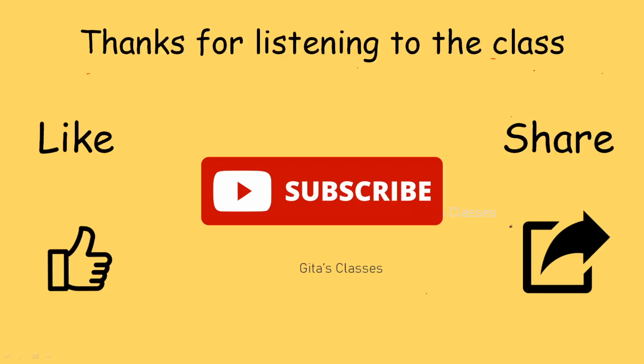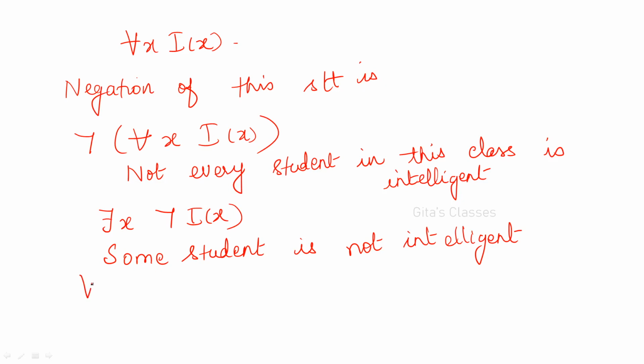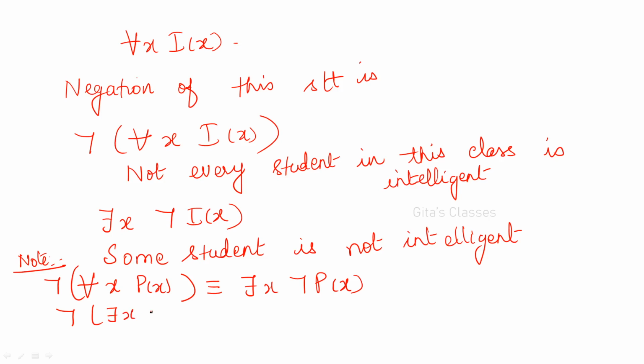And one more thing, if you want to write the negation of for all X P of X, this is equivalent to there exists X negation of P of X, and negation of there exists X Q of X is equivalent to for all X negation of Q of X. So generally the common mistake people do is they will forget to write this negation before the variable.